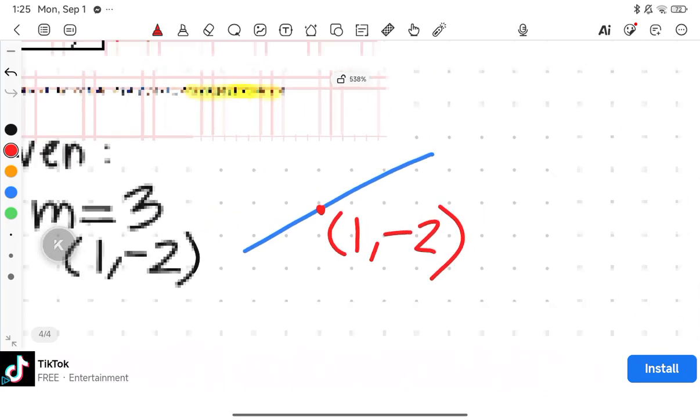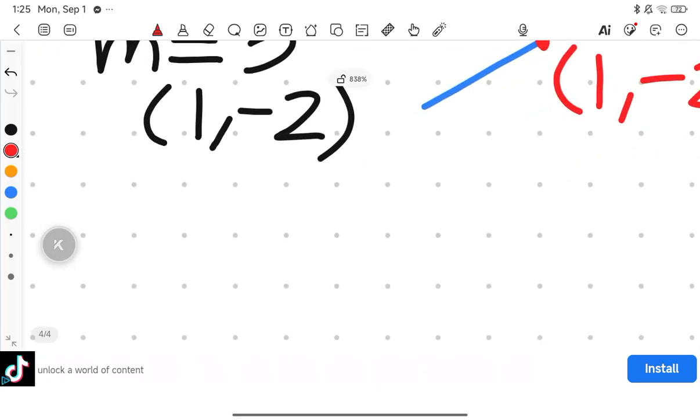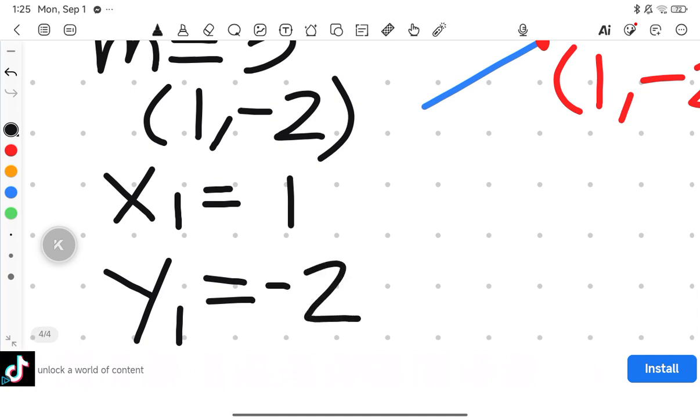Okay? So, zoom ko lang. Okay, let us now rewrite x1 as 1 and y1 as negative 2. Since they are a part of the equation, so kailangan mo siyang i-include there as given.